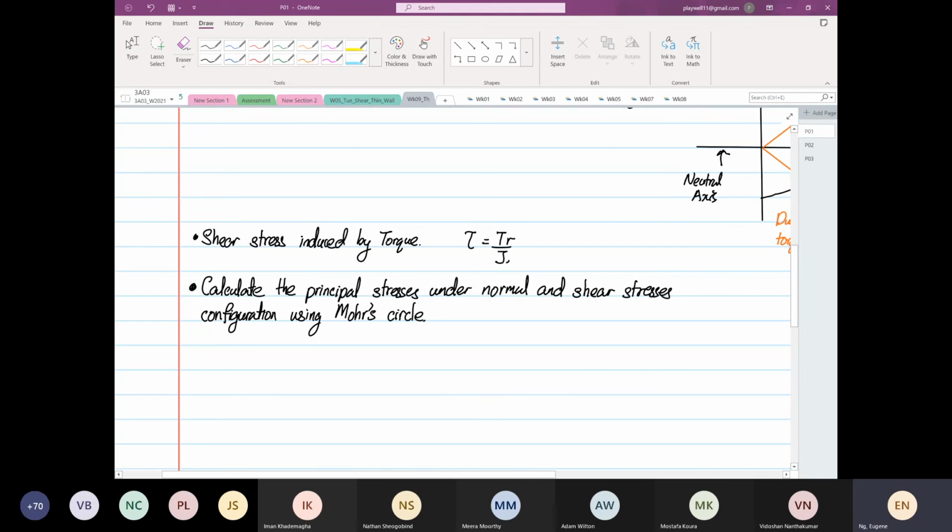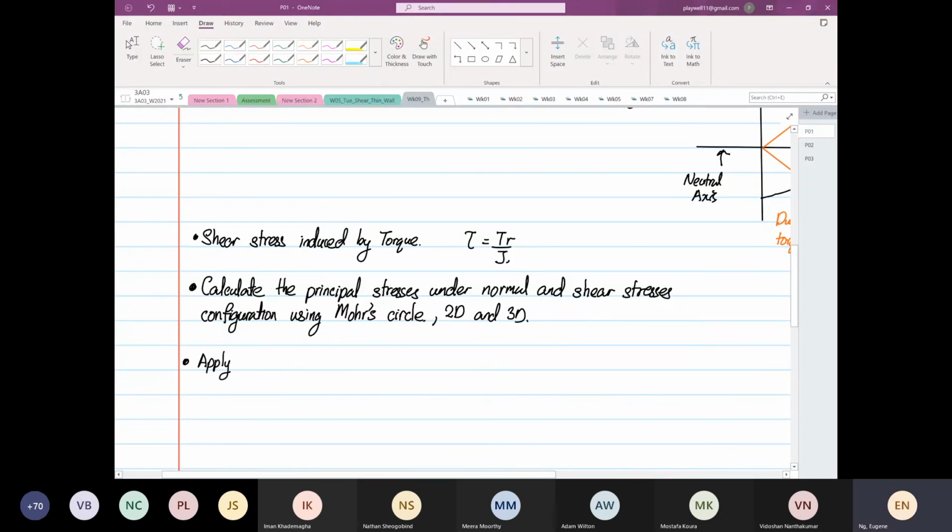Using Mohr's circle, we are talking about 2D and also 3D, and not just constructing a 2D or 3D Mohr's circle.